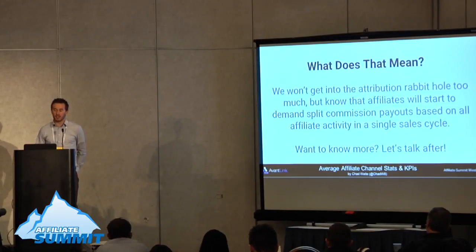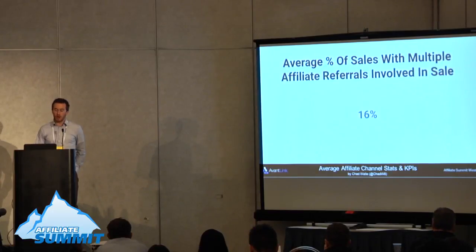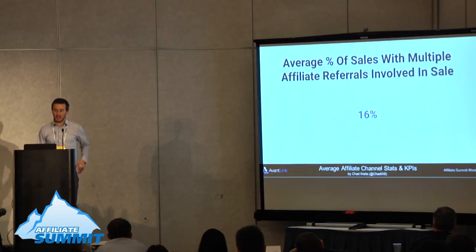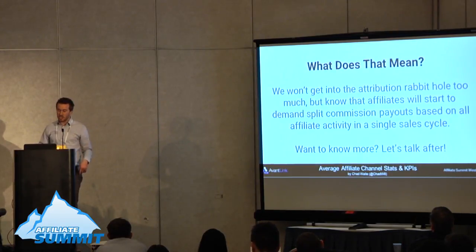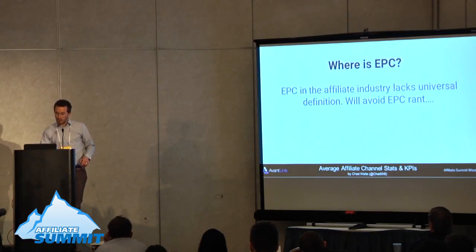So attribution is a huge topic, and just know that we see a lot of sales that have multiple affiliate referrals in them. Everybody wants to be rewarded. Everybody wants to keep being compensated for their work and sending those referrals. If you want to talk to me more about this, let's chat after, but I won't get too much into depth here when it comes to attribution.